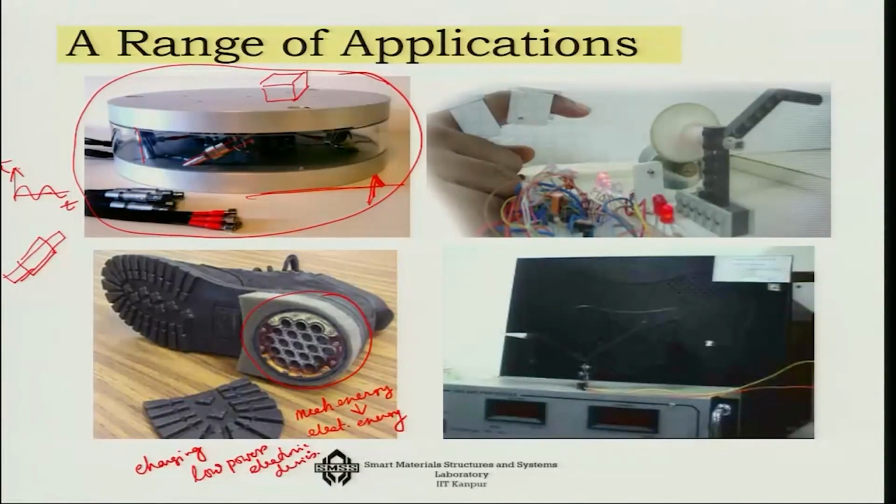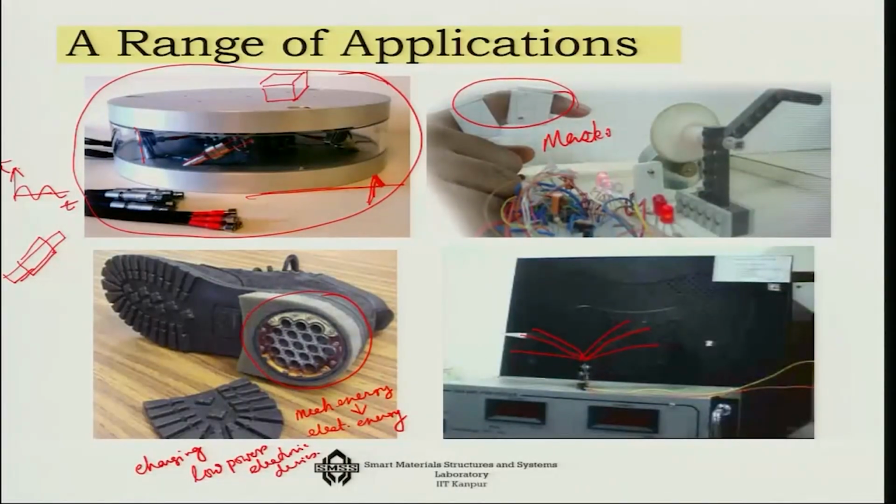There are many other applications. For example, this one, which is not very clear, is like a butterfly wing. If you apply temperature, you will see that this wing flaps, so you can generate a kind of insect flapping with the help of this kind of system. And here is another system, a master-slave system. This is a master finger.